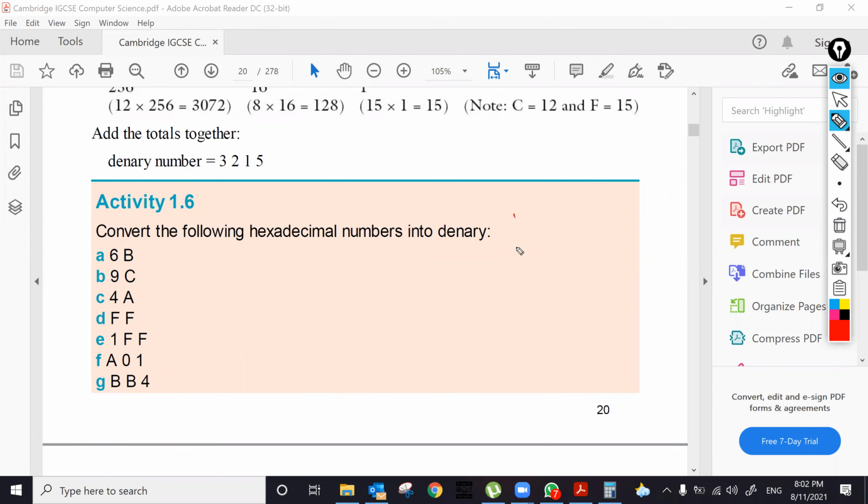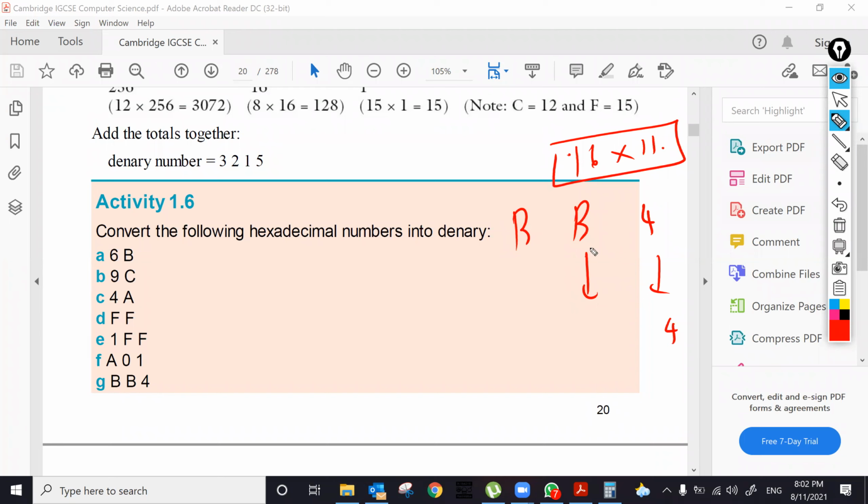Sorry. BB4. Here 4. Here we have 16 into 11, right? Am I right here?